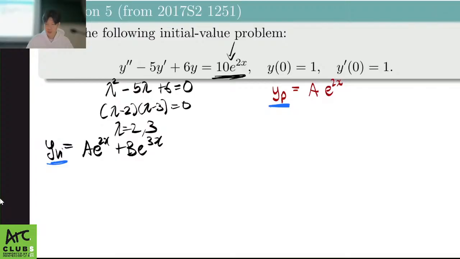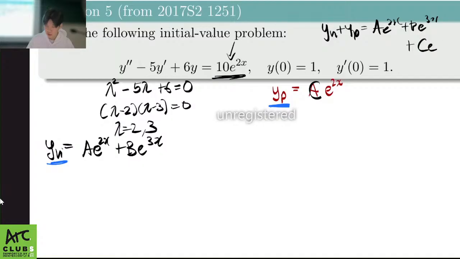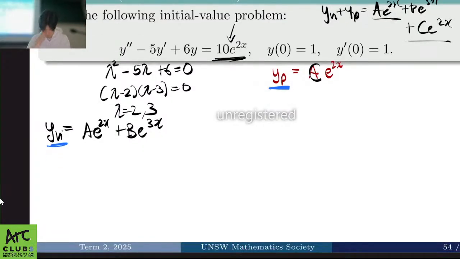Because if I kept it as this, yh plus yp is going to end up as a e to the 2x plus b e to the 3x plus, I'll change it to c, c e to the 2x. These two are just going to combine, and we don't want that. So instead, to change the form, I want to multiply by x. So it's going to be cx e to the 2x.